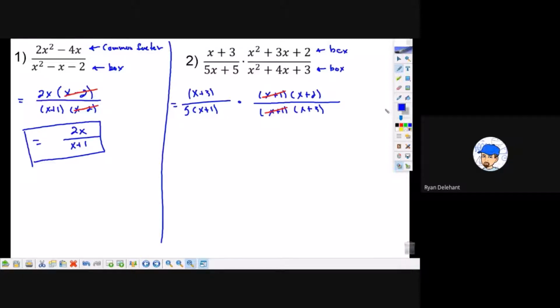So if you don't want to rewrite this again, what you can do is say, because of this multiplication, this is one big fraction right here. Okay? So since this is one big fraction, we need to cancel the x plus 3 as well. And we end up with x plus 2 over 5, x plus 1.